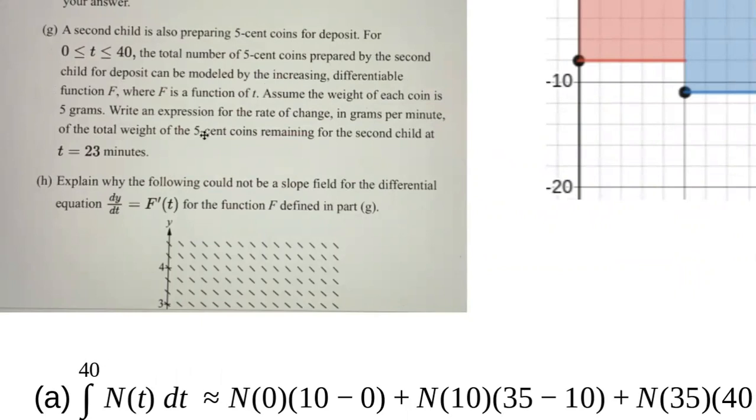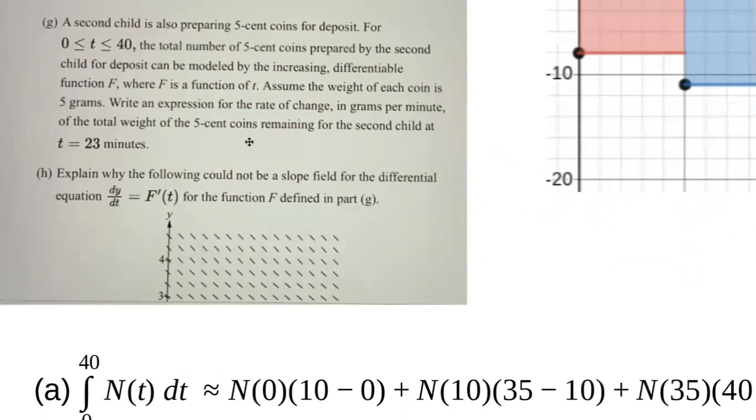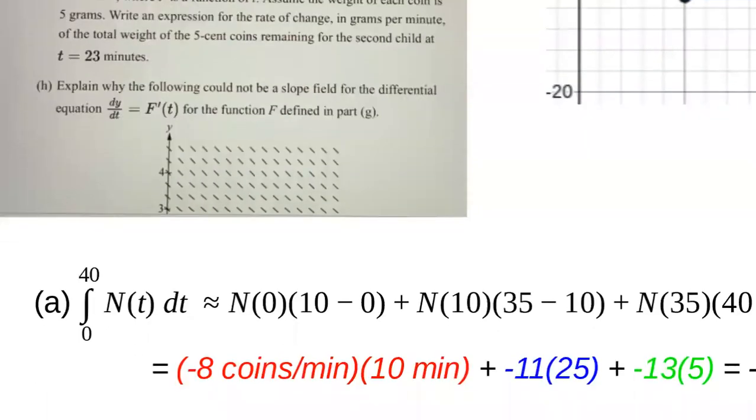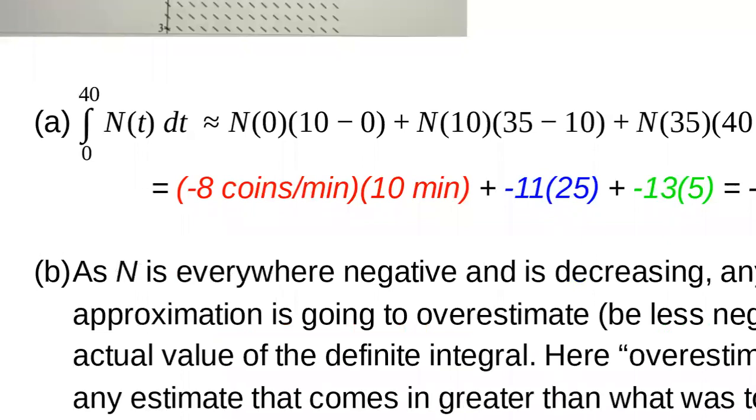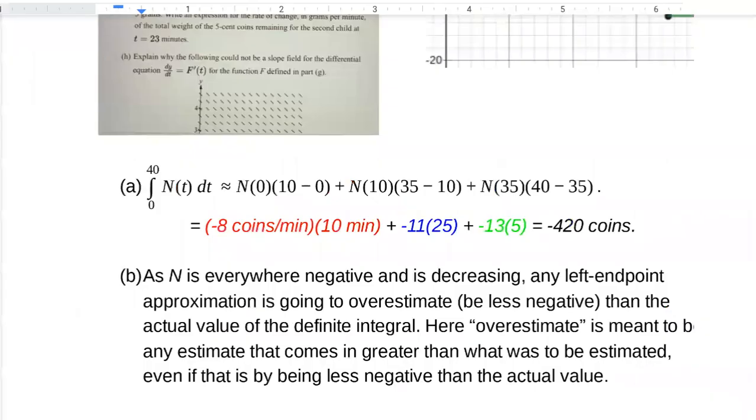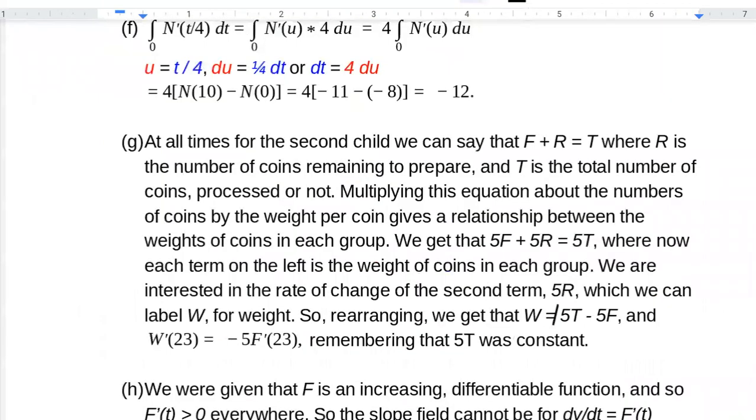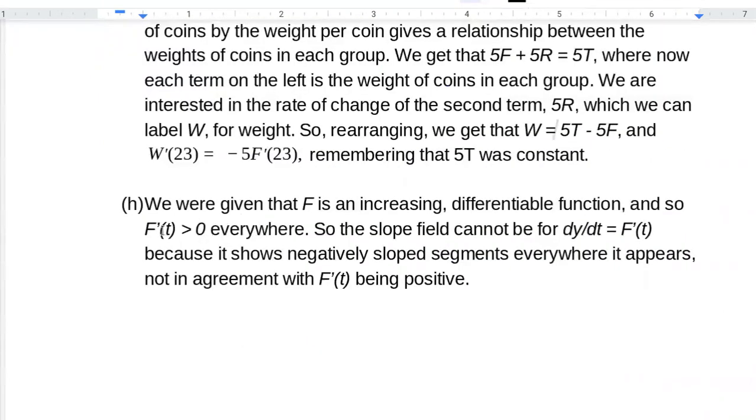That's going to be an increasing function, and so have positive derivative. And I think I wrote that down here, to that effect. We were given that f is an increasing differentiable function, and so its derivative will be greater than 0 everywhere.